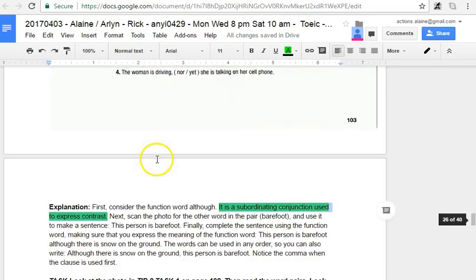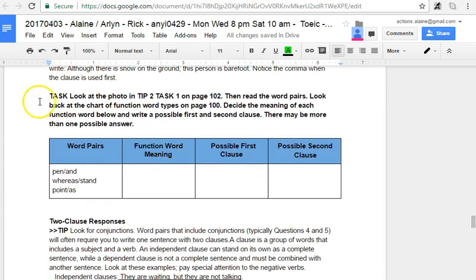Okay, very good. Now, I believe that you do understand what tip 3 means, right? Very good. Now, for this task, look at the photo in tip 2, task 1 on page 102. Then write the word pairs. Look back at the chart of function word types on page 100.